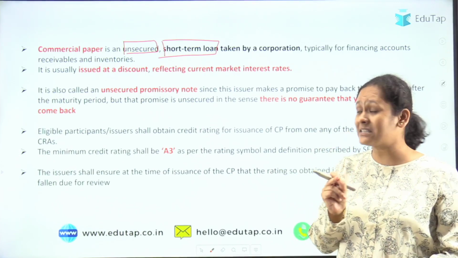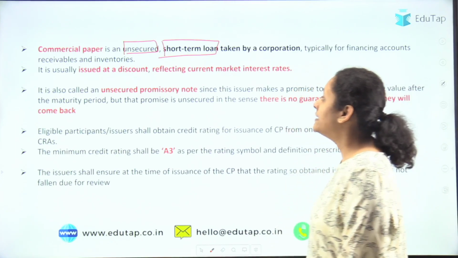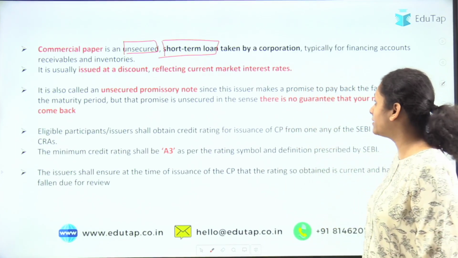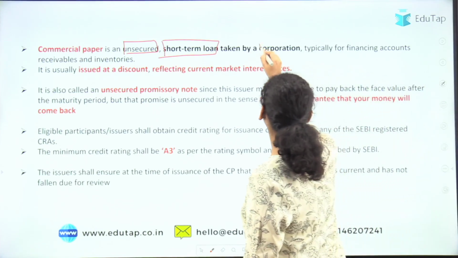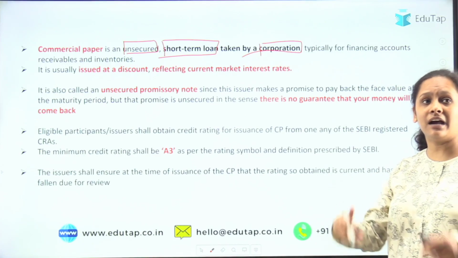So for this reason they issue commercial paper. So what is a commercial paper? It is an unsecured short term loan taken by whom? Taken by corporations. क्यों? To finance their accounts receivable या inventories को.